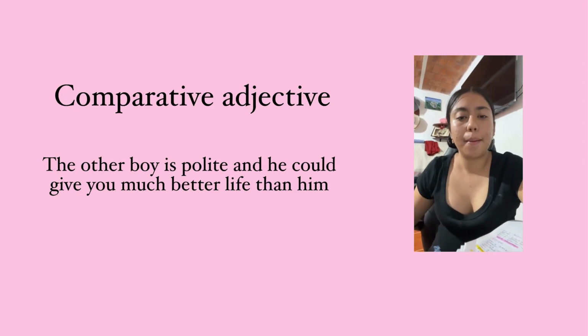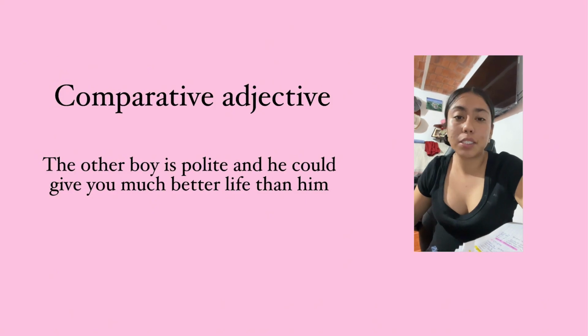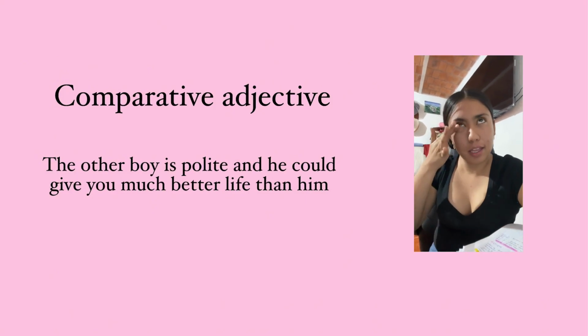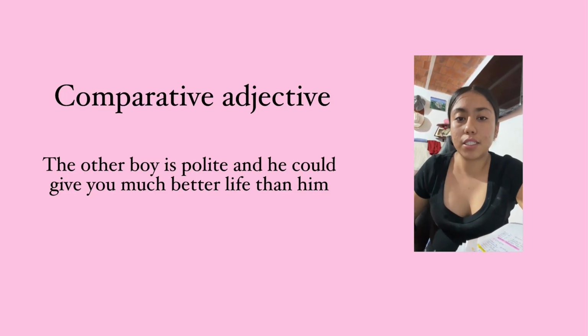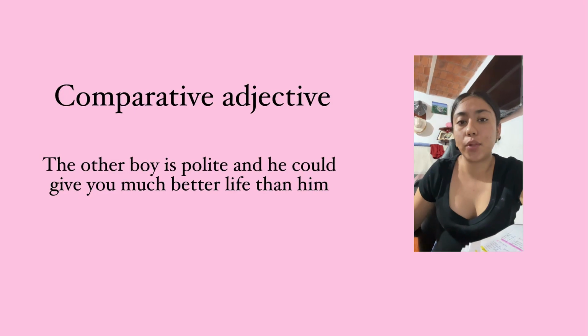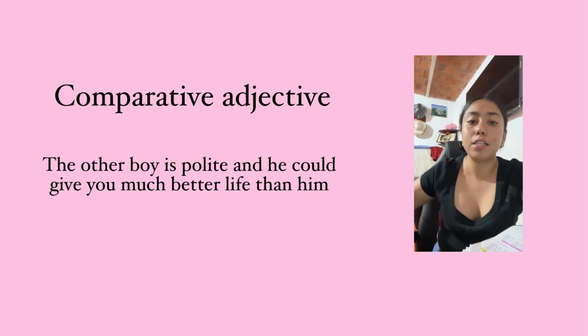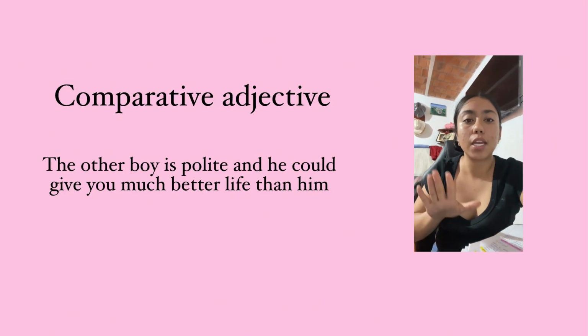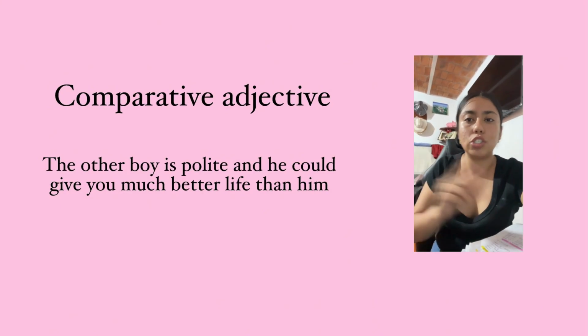My example can be a little confusing because it's large, and then I have clauses. The sentence is, the other boy is polite. The other boy is the subject. Is the verb. Polite is an adjective and is a conjunction.